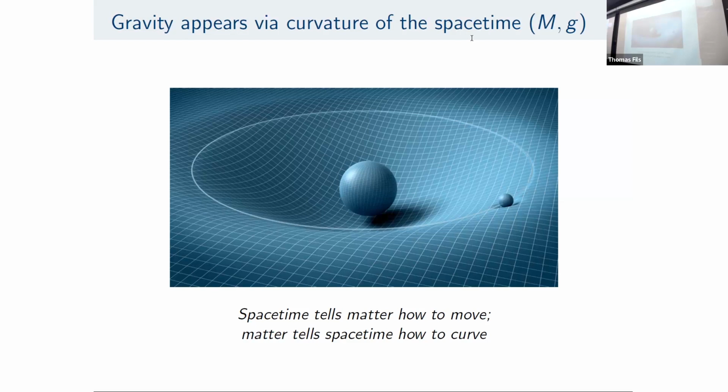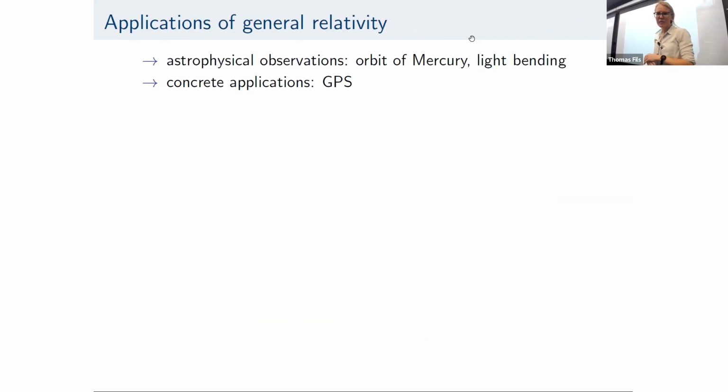That light can come through here. It will be affected by this space-time curvature, so it might come in here and get deflected and go off that way. Light bending was something that was predicted by general relativity, and it was observed a lot later, I think actually in the 70s.